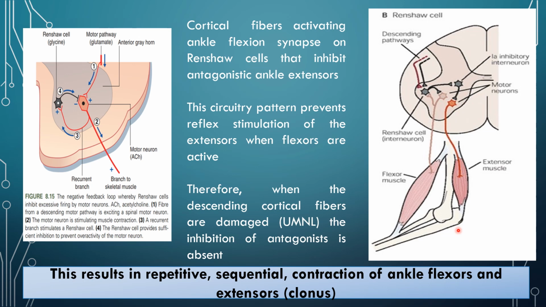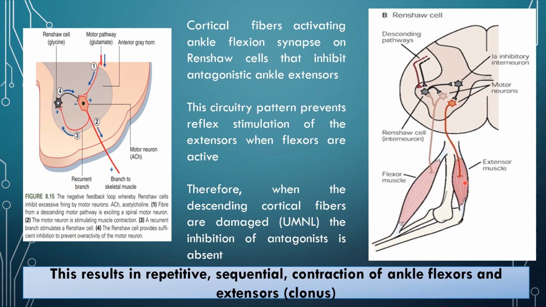So these descending cortical fibers synapse with the neurons activating ankle flexors, as well as with the 1A inhibitory interneurons, which are actually causing the relaxation of the extensor muscles.